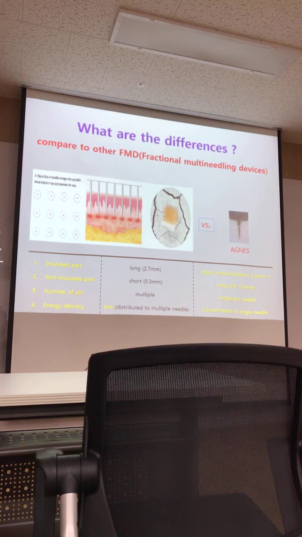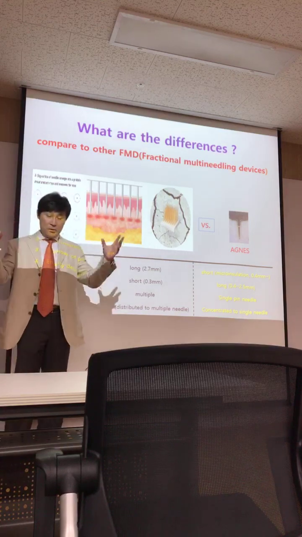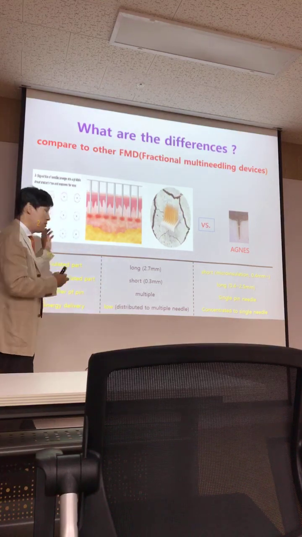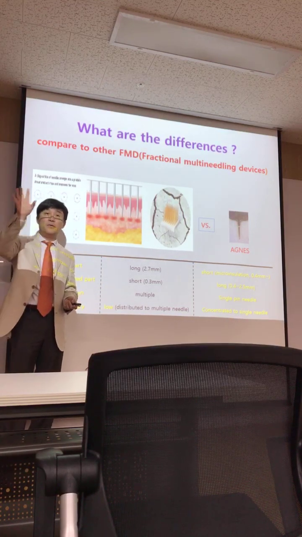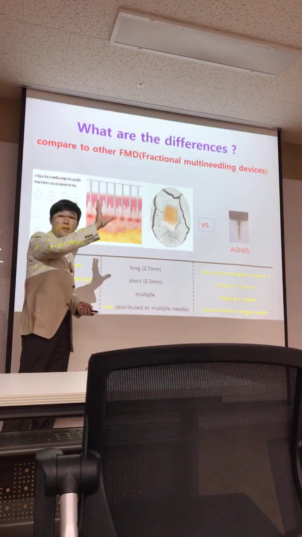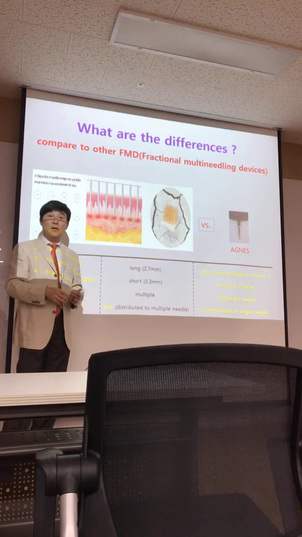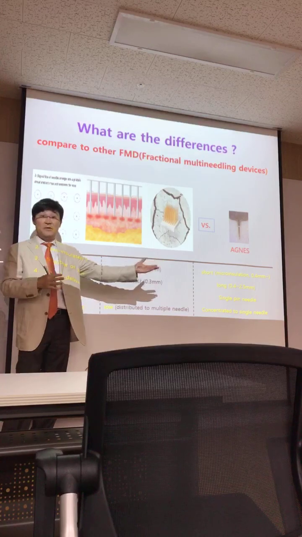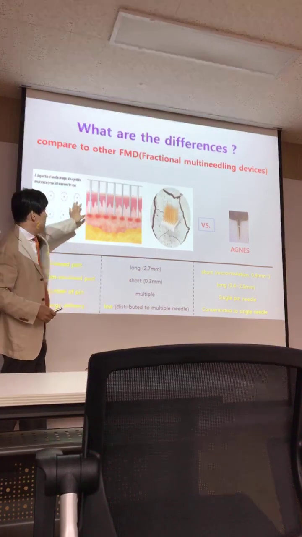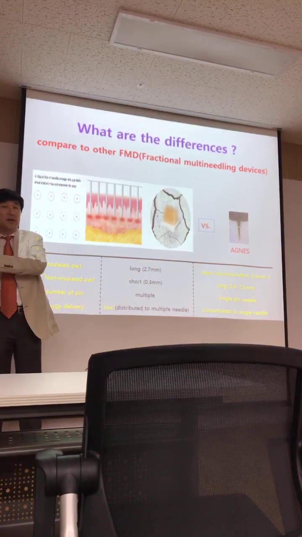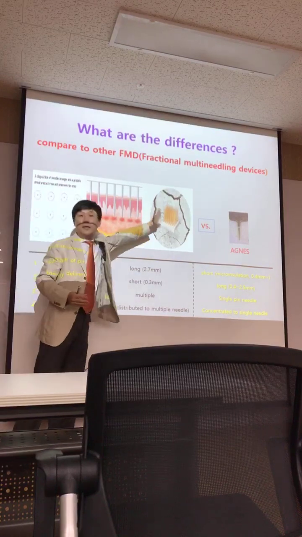Anyway, they have many needles. It means the power, I told you the fluence relates with the power and time, and inversely relates with the surface area. So the power generated from the device divides into many needles.